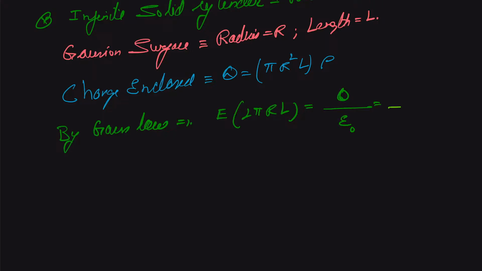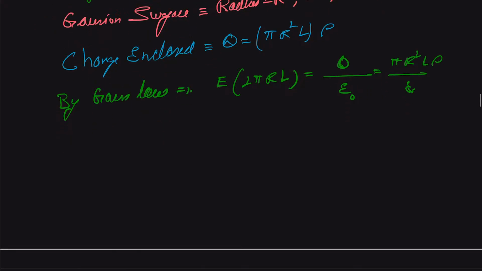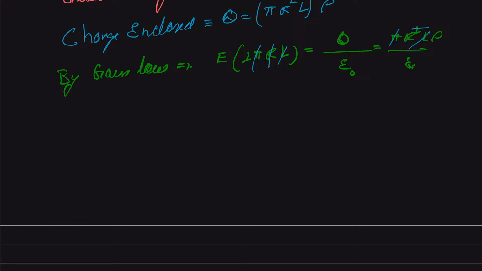This comes as pi r square l rho upon epsilon naught. Here also the pi cancels, r goes by the square, and length cancels with length. Therefore we get the electric field because of the infinite cylinder equal to rho r upon 2 epsilon naught.